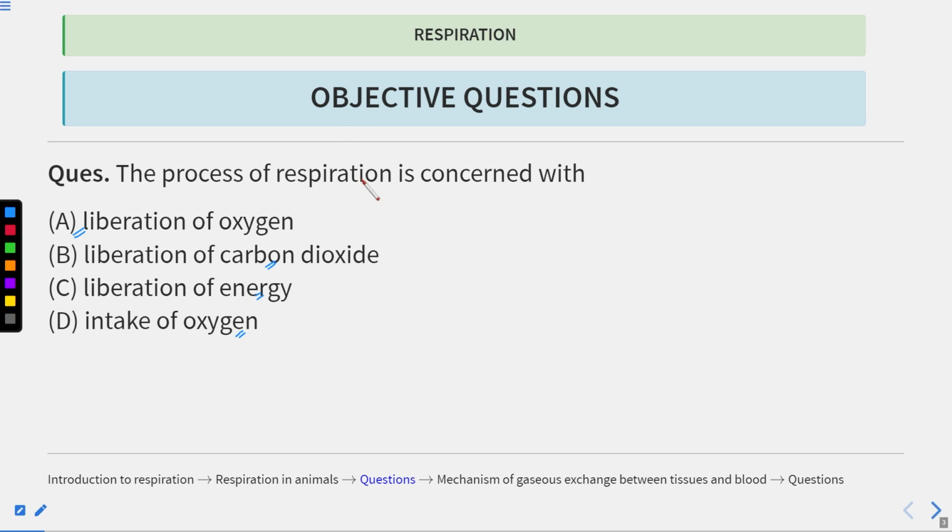So during respiration, what happens? We can understand it by writing this equation. During respiration, there is oxidation of the respiratory substrates.